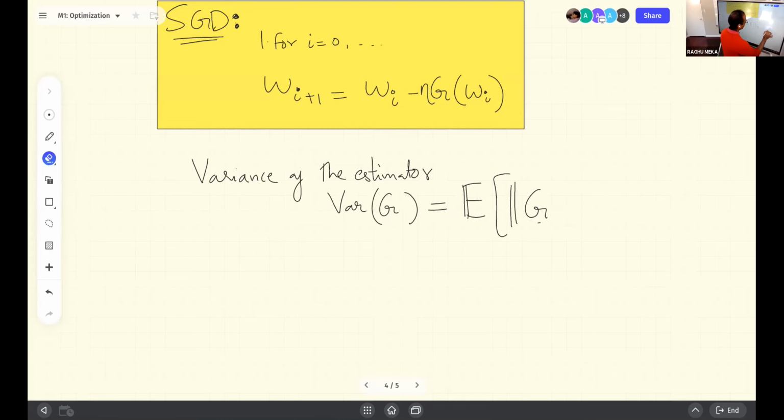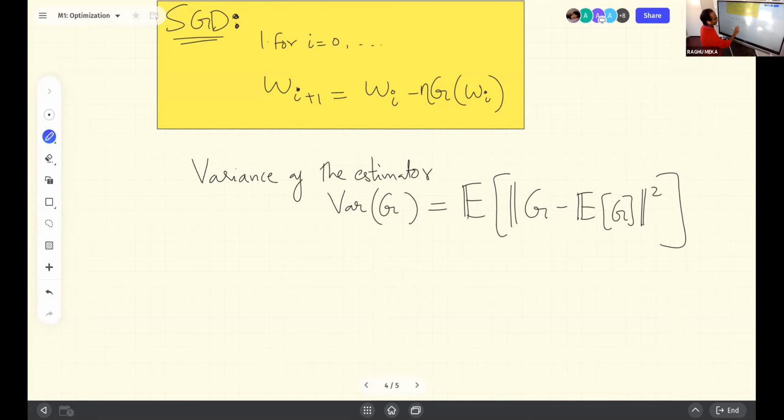Right, so this is really for any vector valued random variable. I'll look at how far each sample is from its true expectation in the length squared. Okay, so that's the definition of the variance of a vector valued random variable. Kind of looking at the variance of each coordinate and adding them up to get the total variance of the vector. Okay.